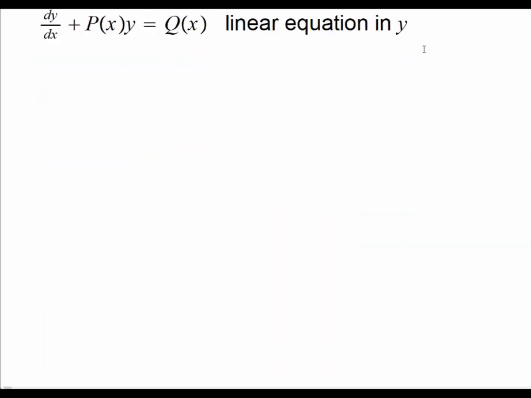So if I have a linear equation in y, then I have written a proof of this in a separate lesson that's posted, so you can look that up and ask me if that is not clear to you.